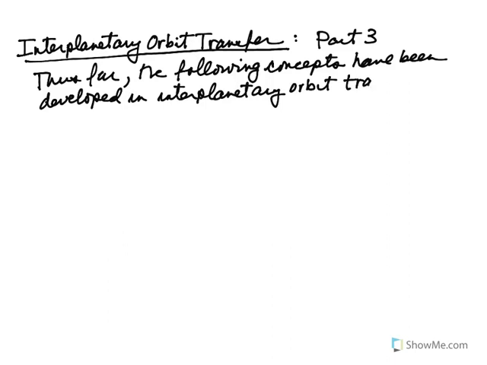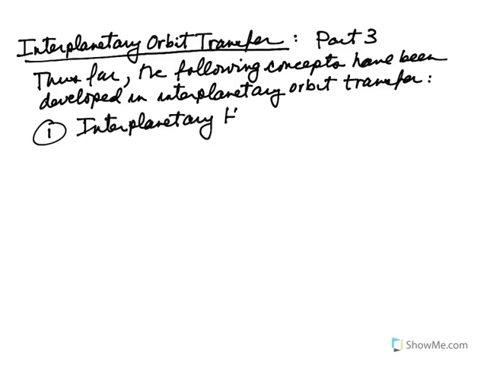The first of these was that we developed what was called an interplanetary Hohmann transfer. Now, an interplanetary Hohmann transfer was one where the transfer took us from the orbit of planet 1 to the orbit of planet 2, so the orbit of a first planet to the orbit of a second planet.